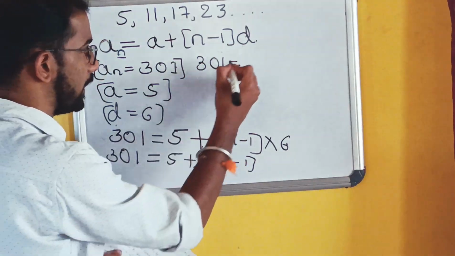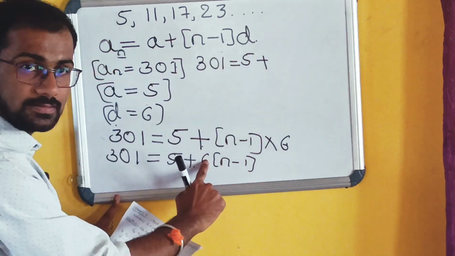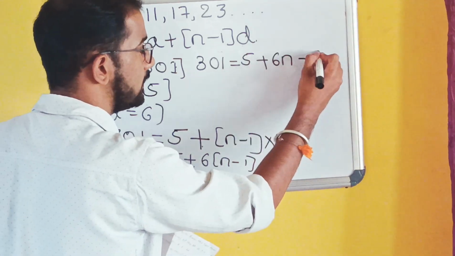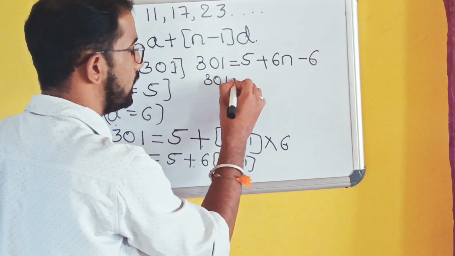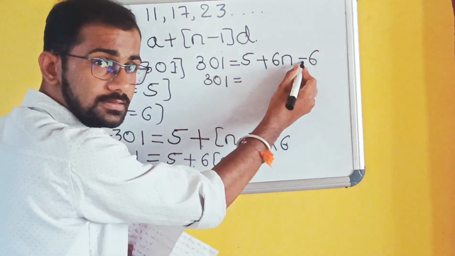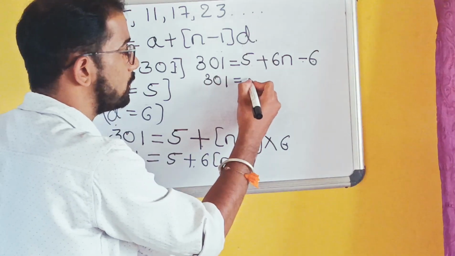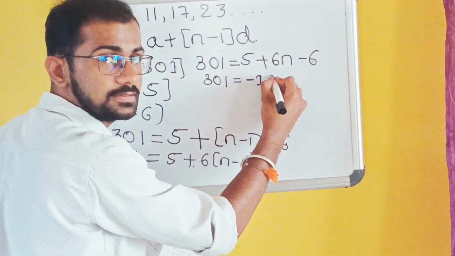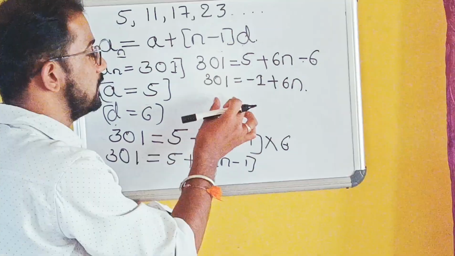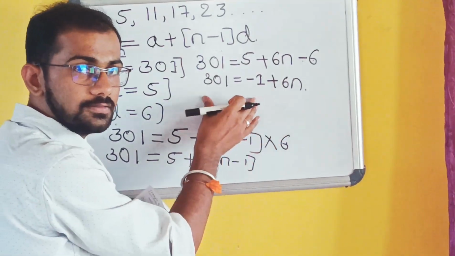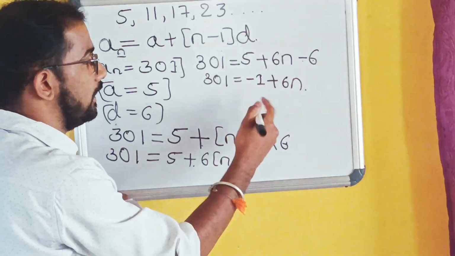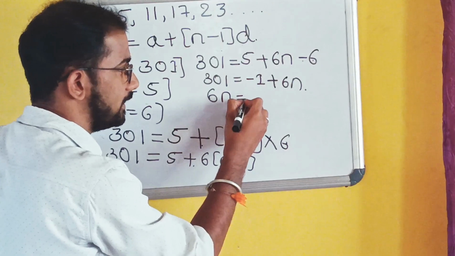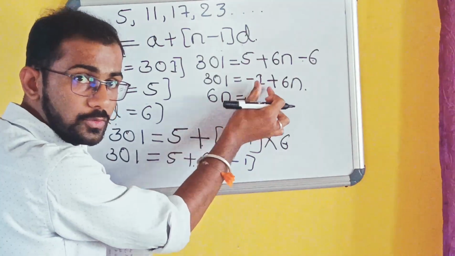Now solve this. If you multiply 6 into the bracket, we get 6n minus 6. So 301 equals 5 minus 6 plus 6n. What is 5 minus 6? It is minus 1, so 301 equals minus 1 plus 6n. Here we want 6n, so shift this minus 1 to the other side.